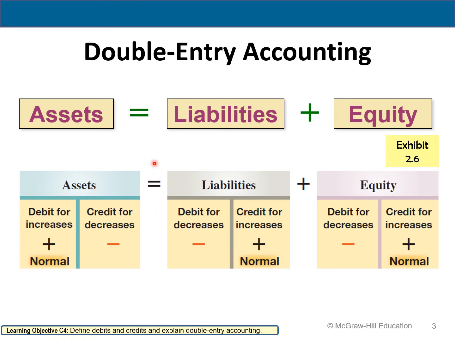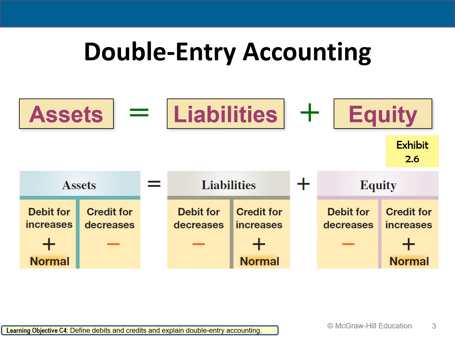On the other side of the equals, for liabilities, normally if you look at a liability account, you're going to see a credit balance. So the normal balance for a liability is a credit, and we increase liabilities with credits. Similar goes for equity.